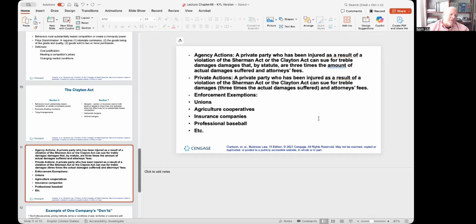Now, there are some particular types of arrangements or organizations that are exempt from these, believe it or not. Unions, which I found a little surprising when I learned this many years ago, because theoretically they can drive labor costs up, which in turn drives costs up for the end consumer.